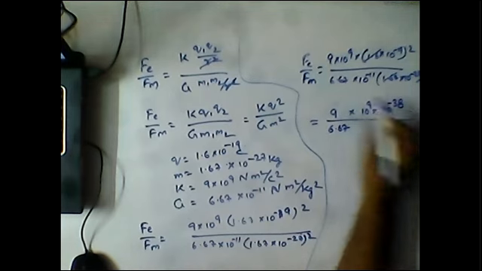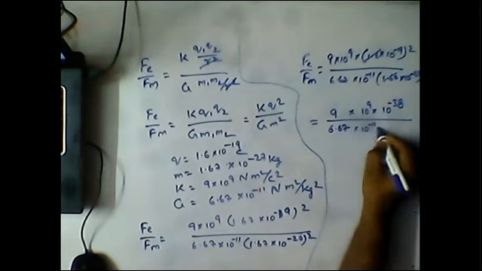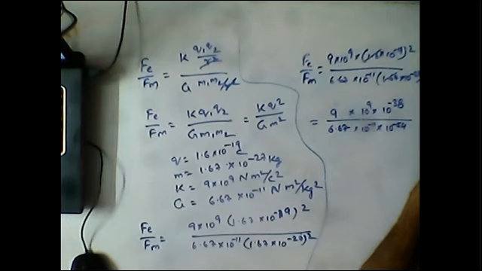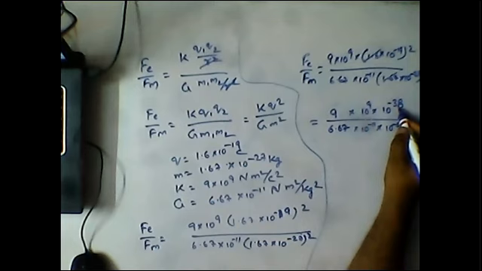Now 10 power minus 11 into 10 power minus 11, and here it is 10 power minus 54.